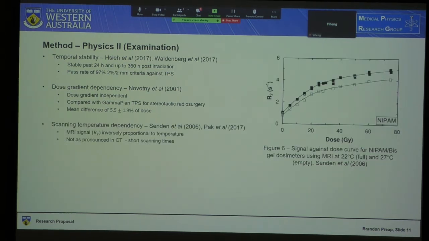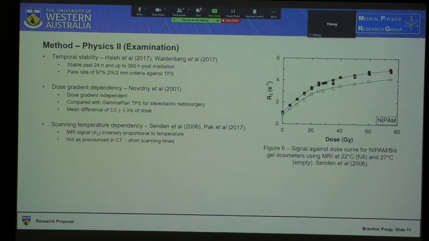For scanning temperature dependency, we can see that the gel is quite sensitive to temperature, but only when you scan it, not when you're irradiating it. This is more pronounced in MRI than in CT, because MRI takes half an hour to make an image compared to CT, which takes a quick 6 minutes. When you have an increase in temperature, there is a decrease in signal.